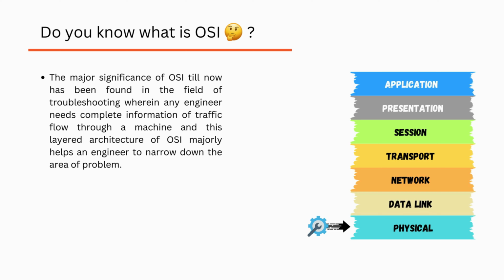Also, we can easily narrow down on which layer the problem lies. Once we clarify the layer on which the problem lies, we can easily troubleshoot the problem and fix the actual network. So this is the major significance of the OSI model, wherein it helps a lot in the field of troubleshooting.